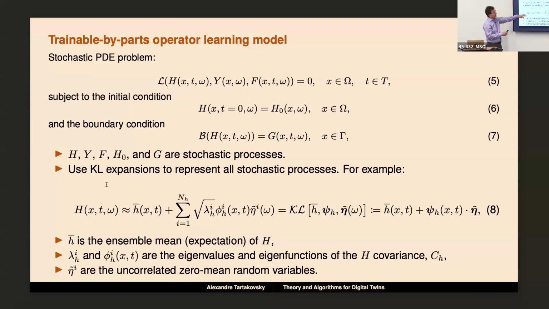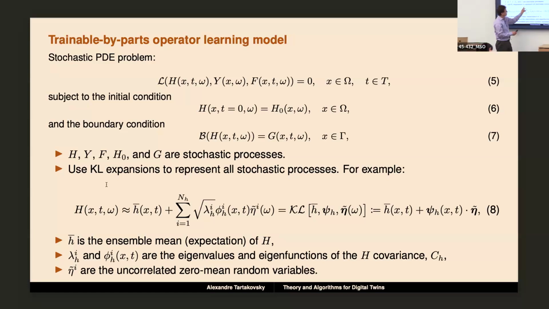If you are not familiar with the KL expansion, this is an example for representing H, the state variable. We can represent H as its ensemble mean plus the sum of products of eigenvalues, eigenfunctions, and random variables. These are eigenvalues and eigenfunctions of the covariance of H.